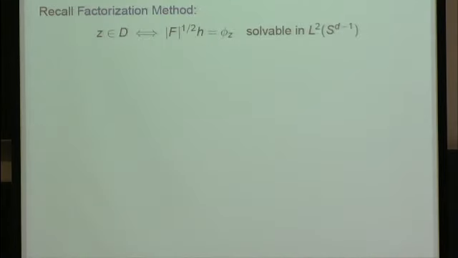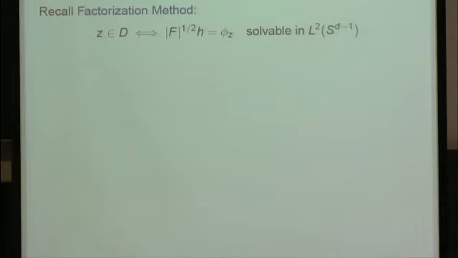Before I come to numerical results, I want to briefly show you the connection to the linear sampling method, because the linear sampling method is maybe better known to engineers. They apply the linear sampling method, although it is actually not more difficult to do the factorization method.